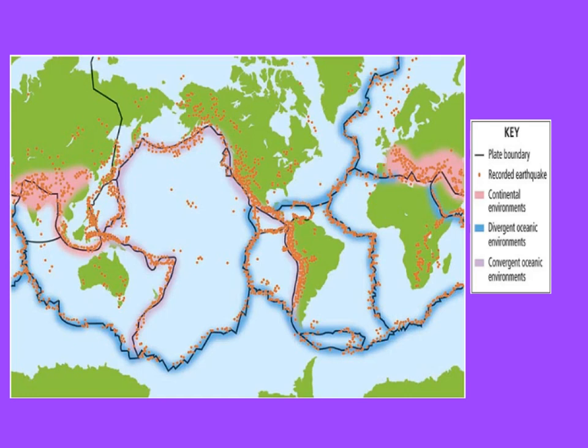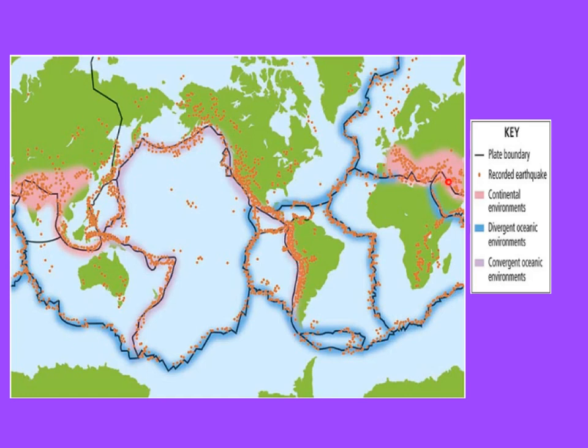If we mapped out most of the recorded earthquakes of the last few hundred years, what we notice is they tend to occur right along plate boundaries. These boundaries in blue are divergent boundaries. Here's the mid-ocean ridge, the Mid-Atlantic Ridge. There's Iceland, where the two plates are spreading. Around here, this purple area are convergent oceanic boundaries. That means they contain at least one oceanic plate.